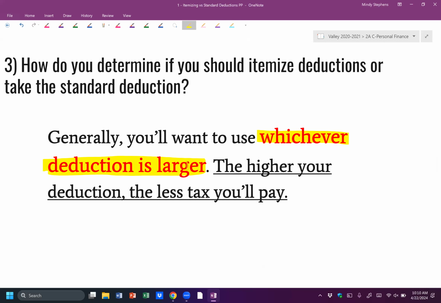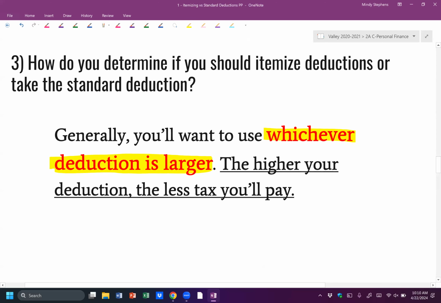Write this down: whichever deduction is larger. Maybe put the word larger in capital letters or underline it so it stands out. Whichever is larger.